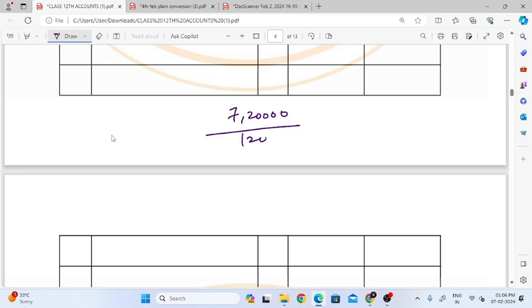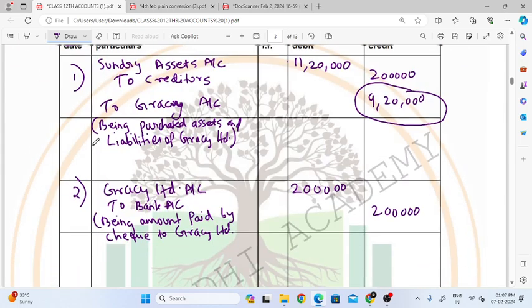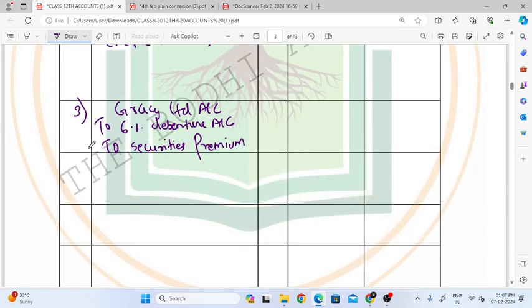divided by 120. 100 is the face value plus 20 is the premium amount. So which comes to 6,000. Okay, so 6,000 were the number of debentures which were issued. So Gracie Limited 6,000 into, including the full value 120, which comes to 7 lakh 20.